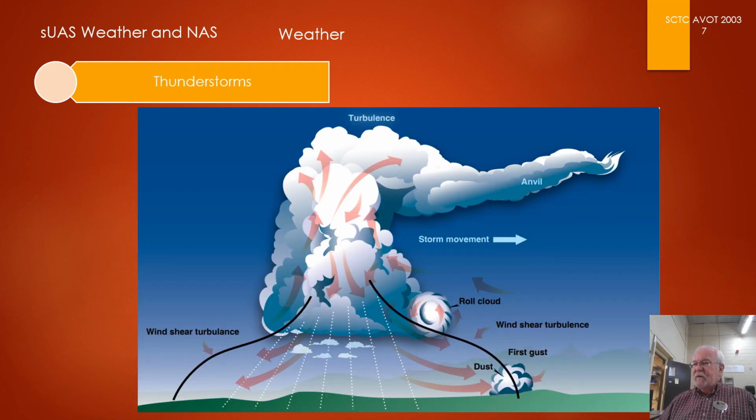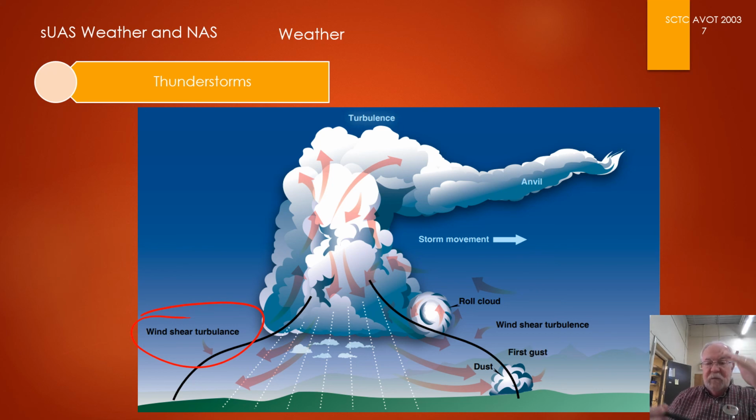Here's another graphic of a thunderstorm, and what they're talking about is wind shear. Wind shear turbulence. Where's my pen? Here it is, right here, and we'll use the red pen. Okay, you see the wind shear turbulence here. So as this air is being pulled up, and then air is coming down, both things are happening.